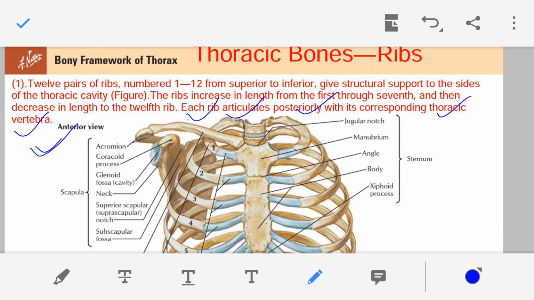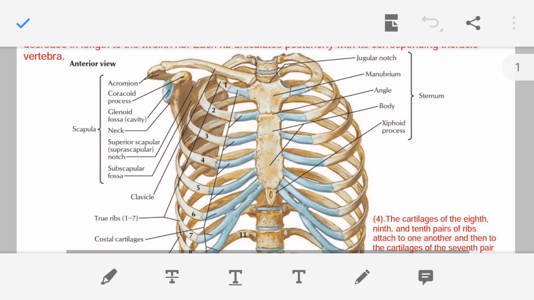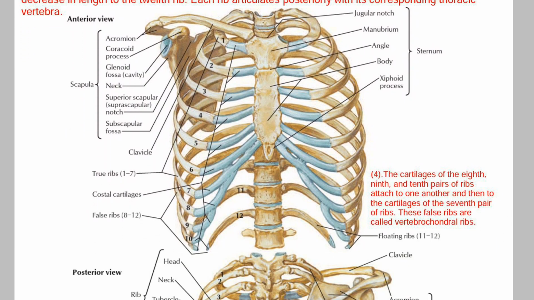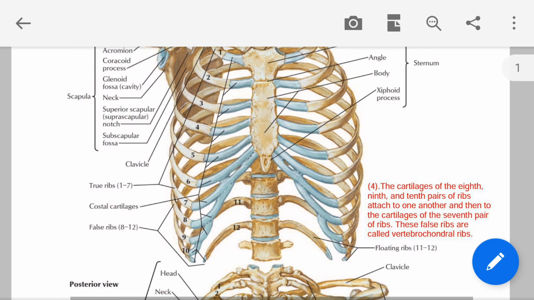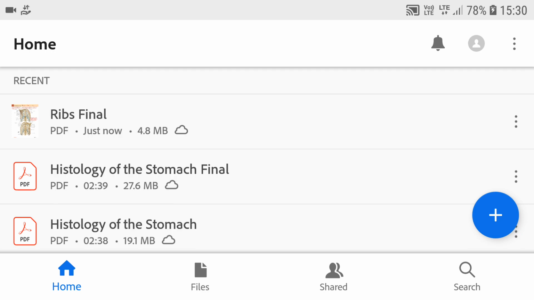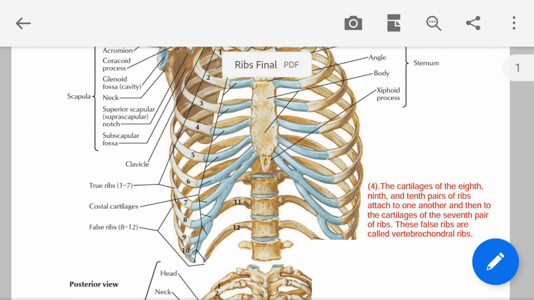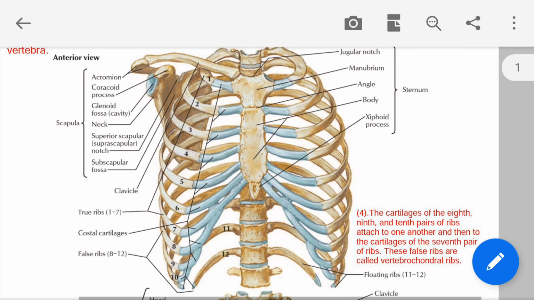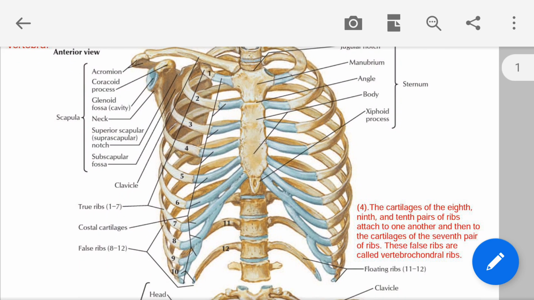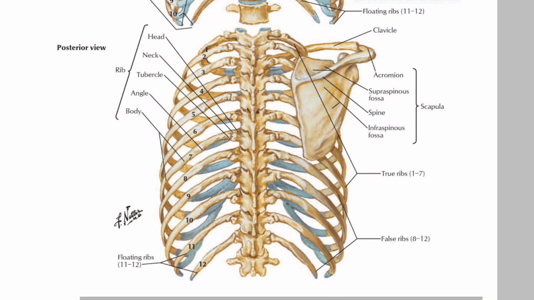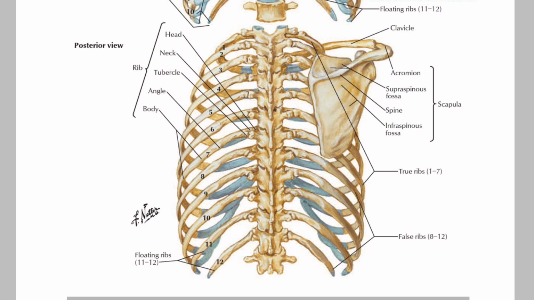This one is the entire anterior view. I am zooming in for you so that you can see this anterior view properly. So this is the anterior view, and this one is the posterior view.